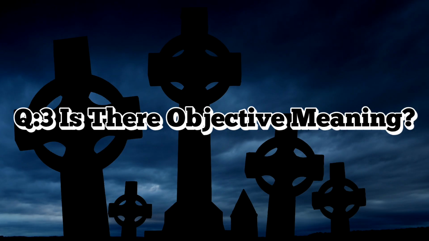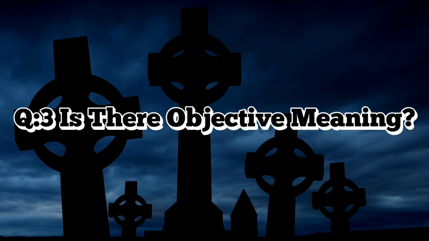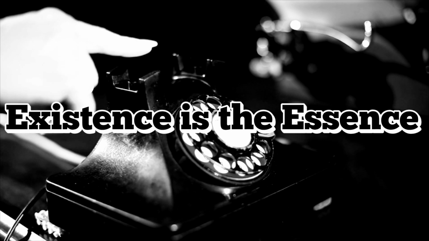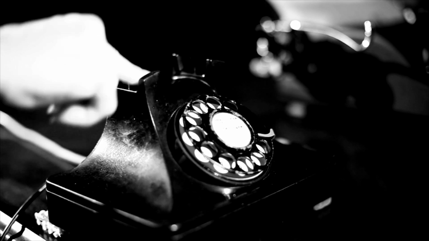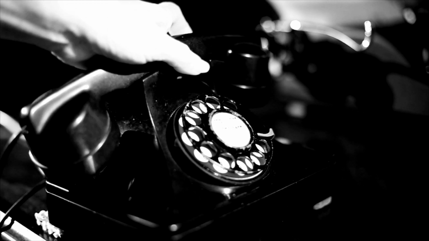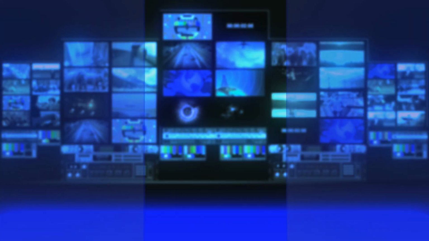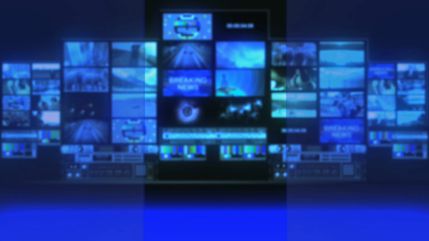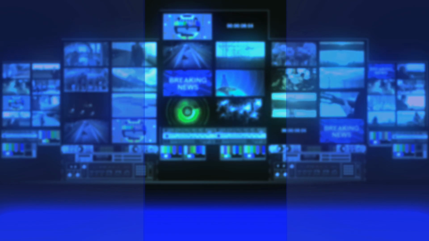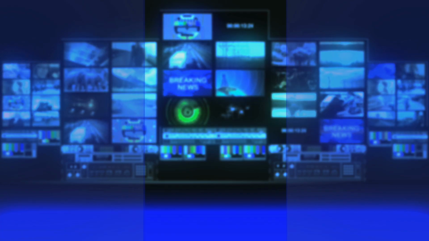Question 3, is there objective meaning? The short answer, yes. Existence is the essence. All that exists, down to the smallest existent, up to the universe itself, all of them have properties. And such properties are what makes an individual existent meaningful. In other words, for human beings, one of our properties is intelligence.